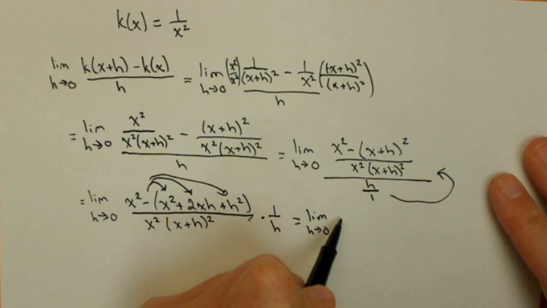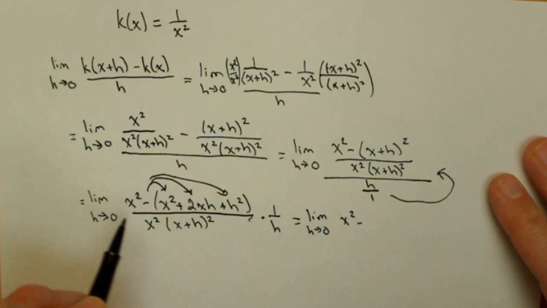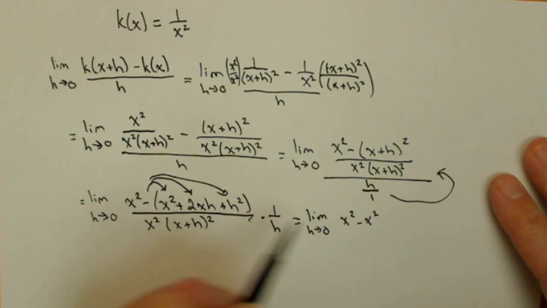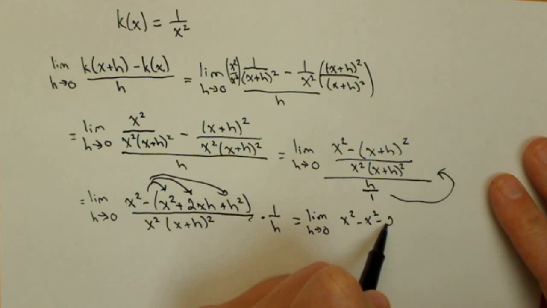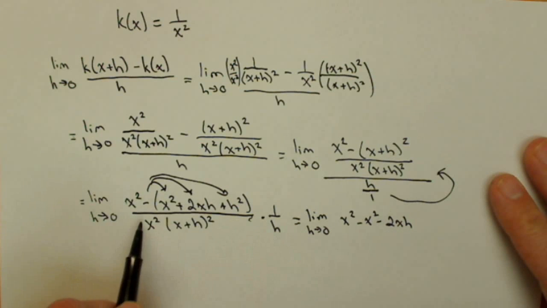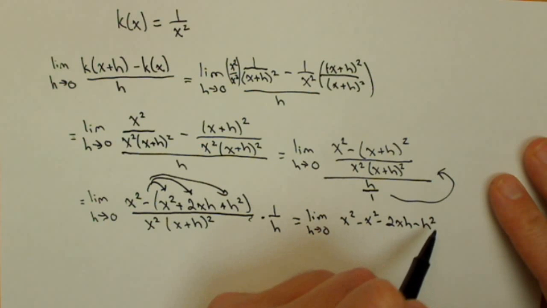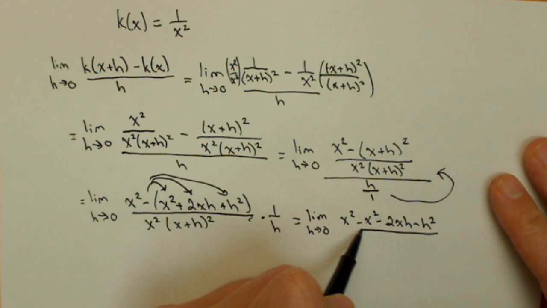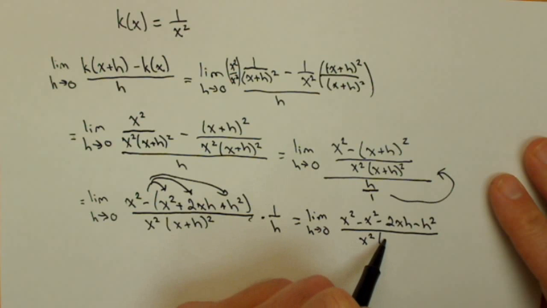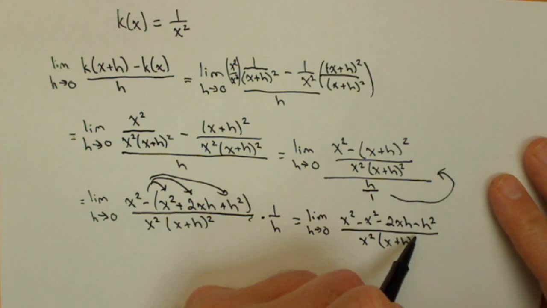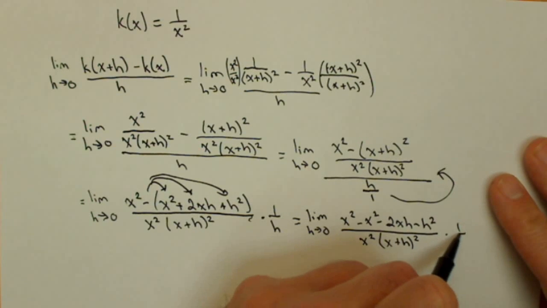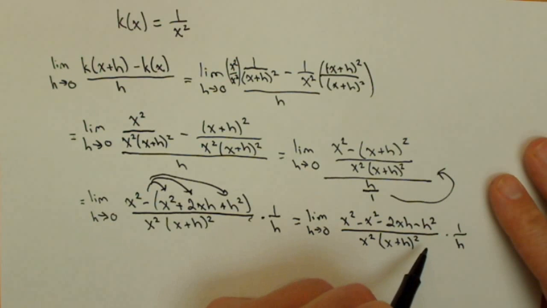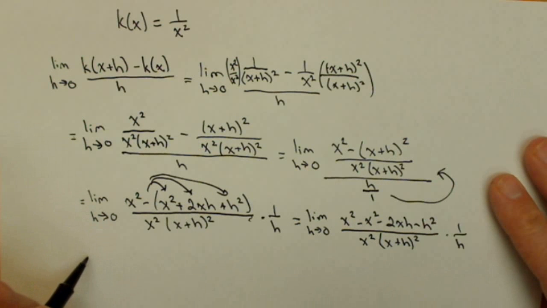So I have the limit as h goes to 0 of x squared minus x squared minus 2xh minus h squared, all over x squared times x plus h, the quantity squared. And for right now I'm just going to write it as times 1 over h. If you wanted to put the h here, that would be fine as well.